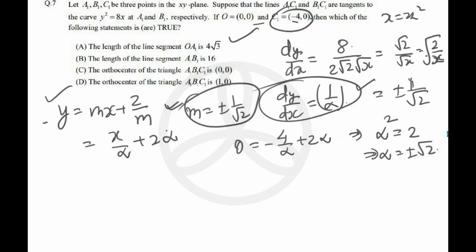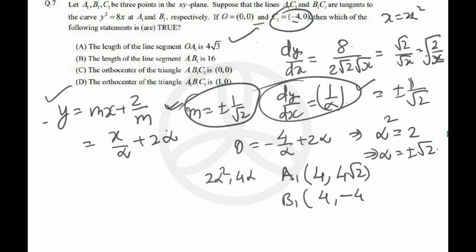Now, since we had assumed, here we will not be requiring the slope as such. We had assumed the points as 2 alpha square, 4 alpha. So one of the positions, which is A1, it will be actually 4, and 4 alpha will be, B1 will be 4, and this will be minus of 4 square root.